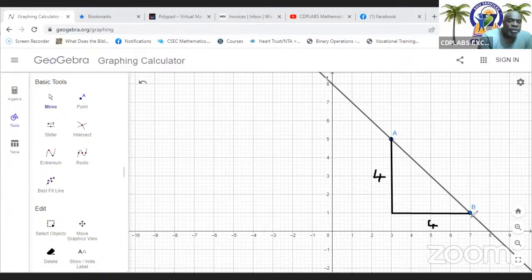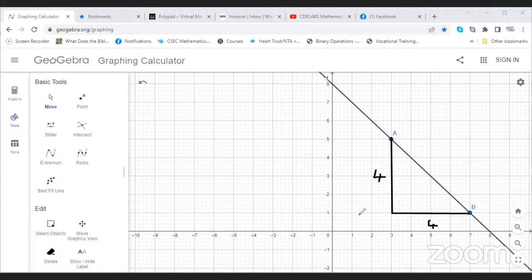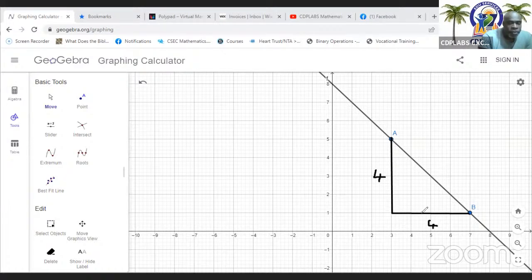You have a length of 4 here and a length of 4 here. With your ruler, measure this and tell me what you get. Draw from here to here, you have 4. From here to here, you have 4. Draw this first, then fill it in and measure the length and tell me what you get. That's another easy method you can use.